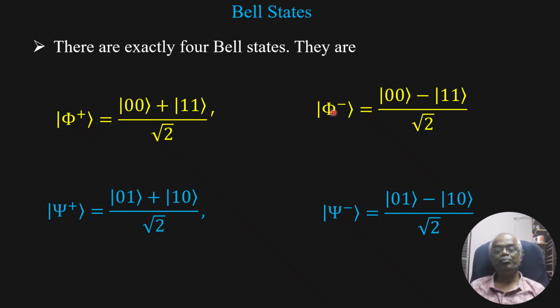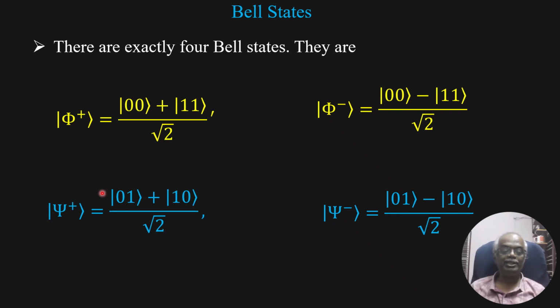Similarly, |Φ−⟩ is equal to (|00⟩ − |11⟩) over square root 2. Here you can see 00 and 11, but in the first it is plus, here it is minus. Then |Ψ+⟩ involves 01 and 10: (|01⟩ + |10⟩) over square root 2.